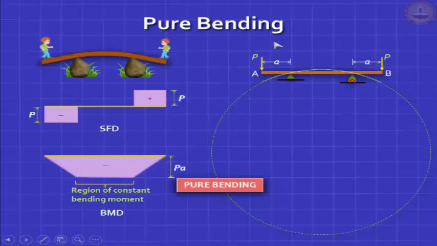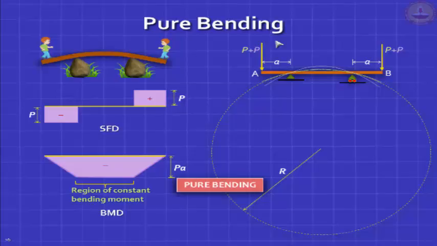Next question, what happens if I double the load? Can you draw the shape? The shape will then look like this. Very interesting. Everything will be scaled. It's a linearly elastic problem. The deflection will be doubled. The radius of curvature, will it be doubled?